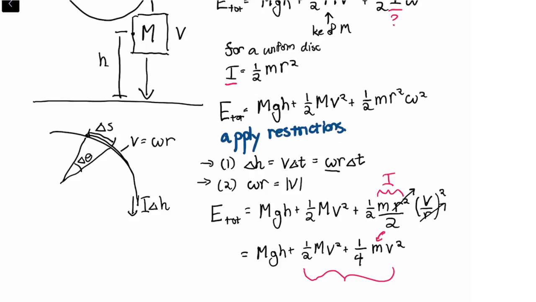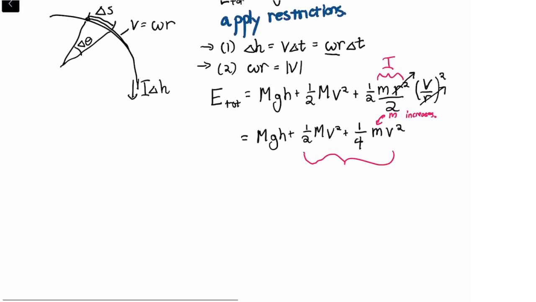In other words, as this m increases. Right? And so using this equation, we can solve for the speed of the wheel as a function of the height that we have traversed and the speed of the mass as a function of the height traversed. So I'm going to do that right now. But you can solve for a lot of other quantities in this problem.